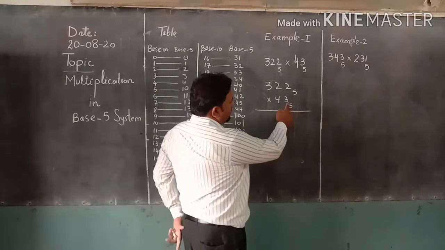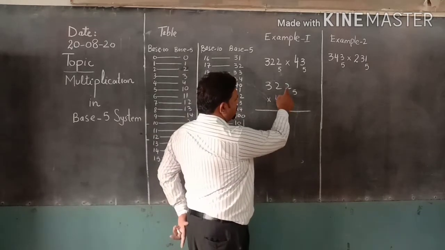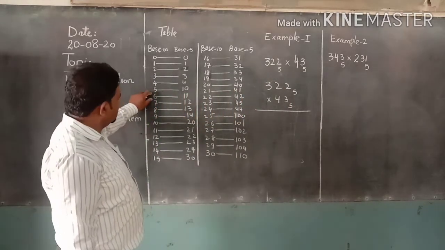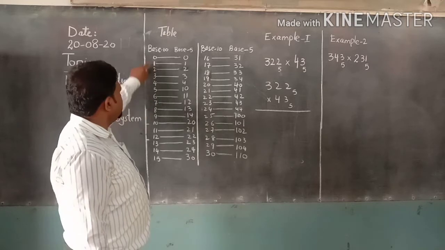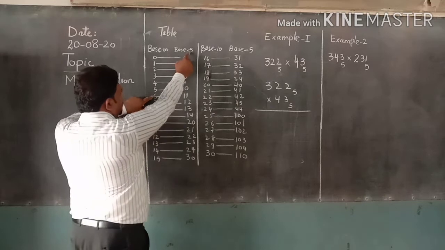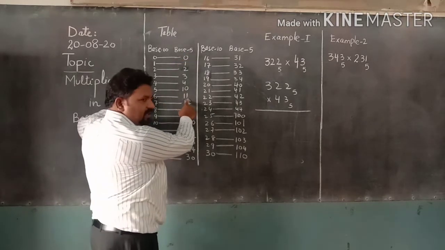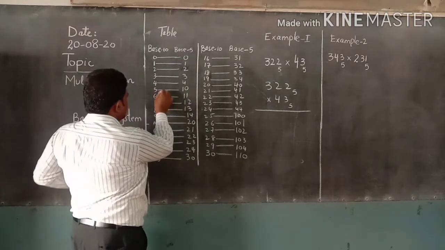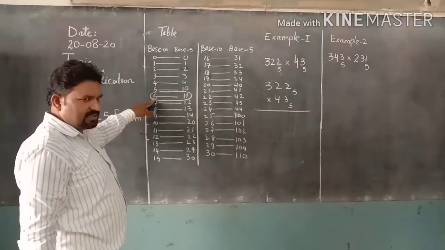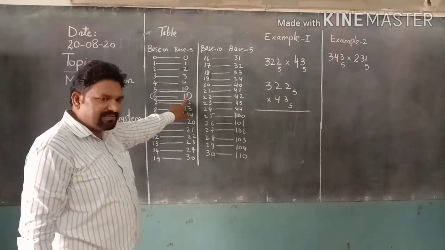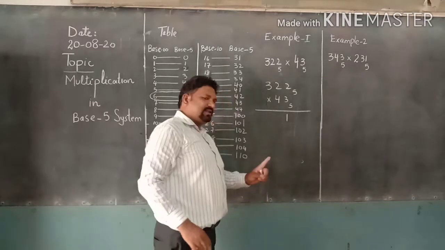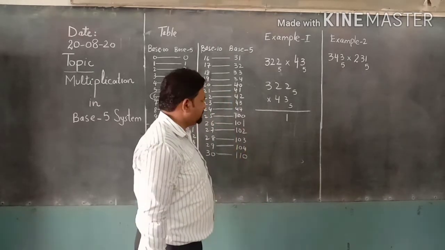Now we will multiply 3 by 3, which is 6. We check 6 in base 10, and when we convert it into base 5, the answer is 11. So in the place of 6 we write 11: we write 1 here and take 1 as a carry.